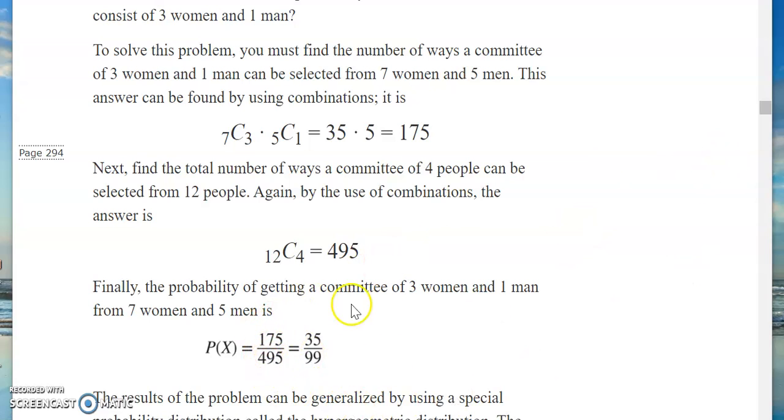In the denominator, as always, it's the number of occurrences in the sample space. So again, using our old friend the combinations formula, the total number of ways that you can pick a committee of 4 people from 12 people. That's 12 choose 4. That's 495.